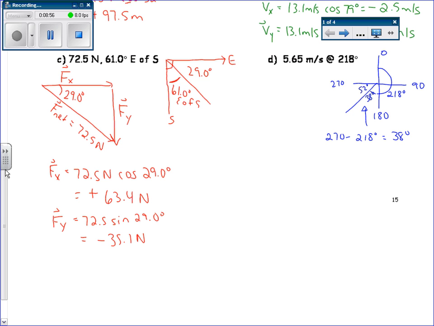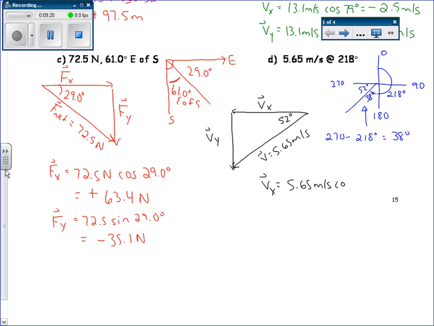So when we draw a diagram where we have the horizontal component first and then the vertical component, like this, this angle in here will be 52 degrees. This is our resultant velocity, which is 5.65 meters per second. This is the x component, and this is the y component. Then Vx is going to be 5.65 meters per second times cos 52 degrees.